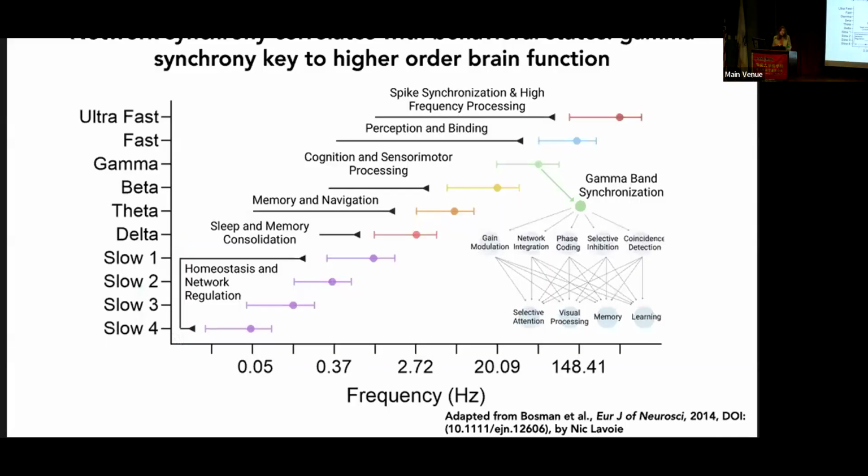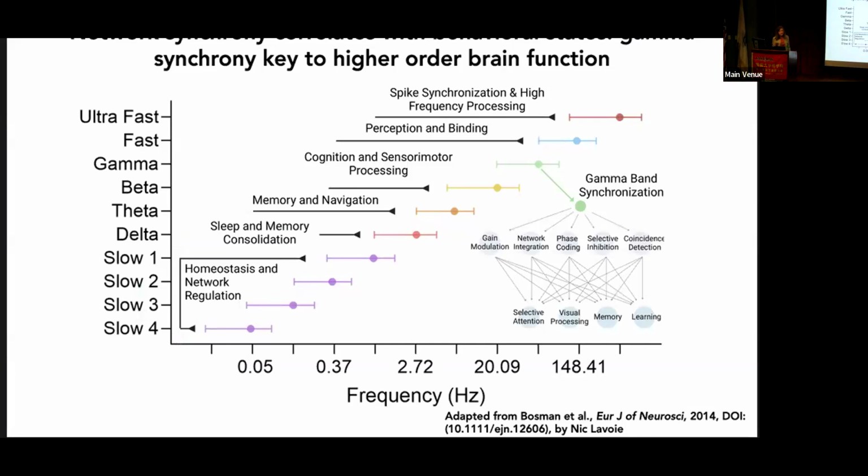In the mammalian brain, there are more than 10 different classes of brain rhythms that can be detected. These different classes of rhythms differ by orders of magnitude in frequencies, going from infra-slow to ultra-fast.